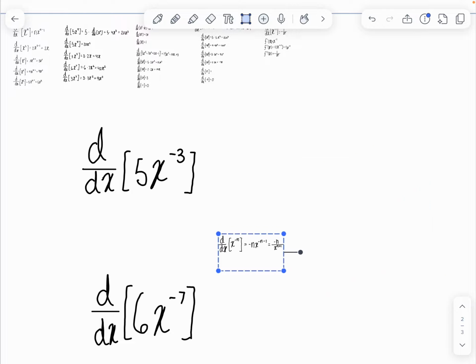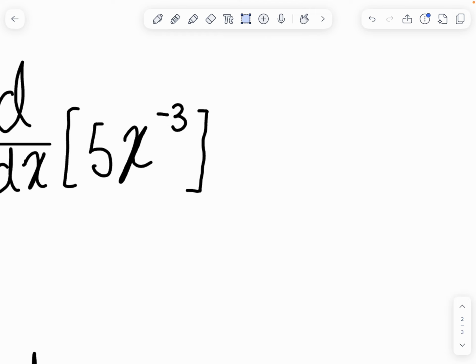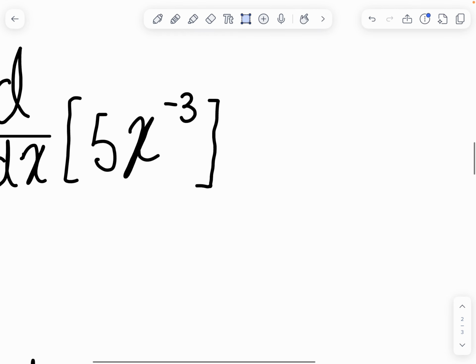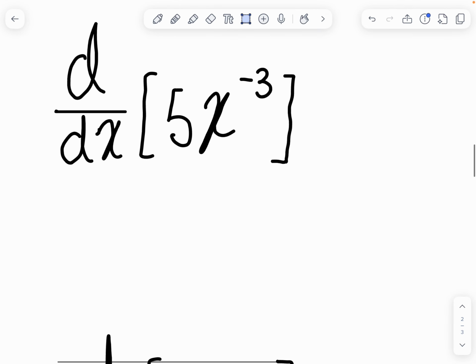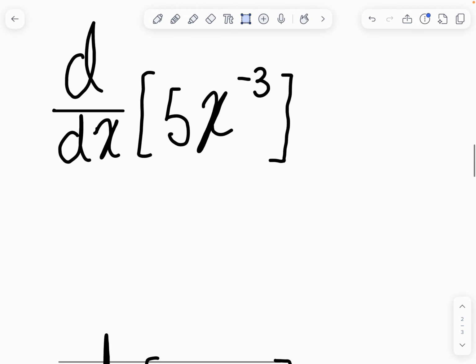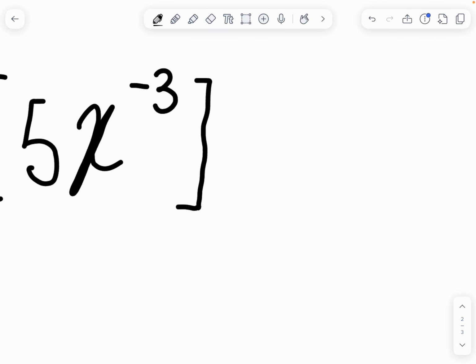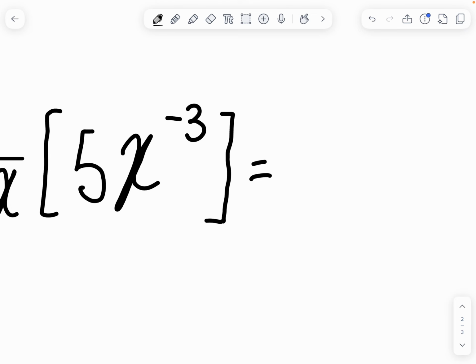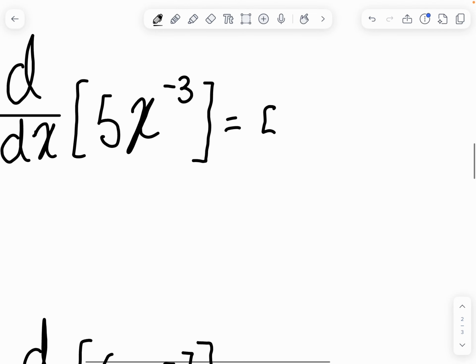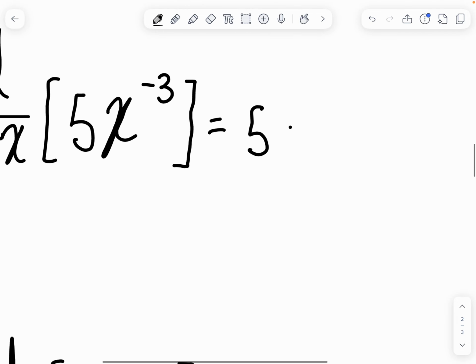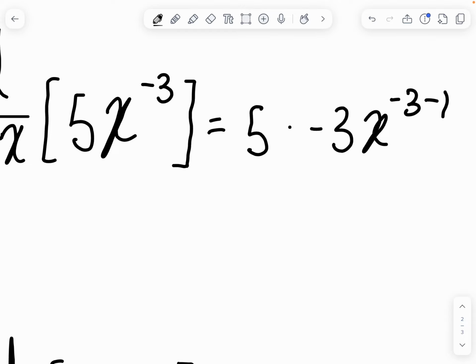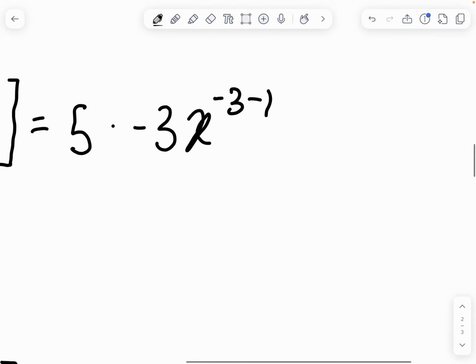Okay, now let's get started. So 5x to the power of negative 3. Alright, let's speedrun this. 5 times negative 3x to the power of negative 3 minus 1. Right?